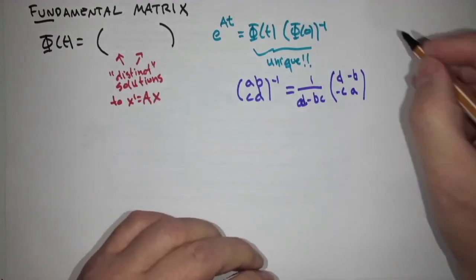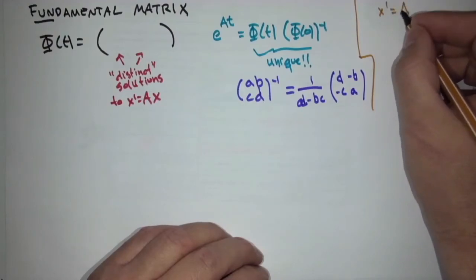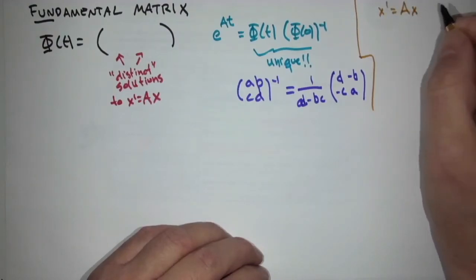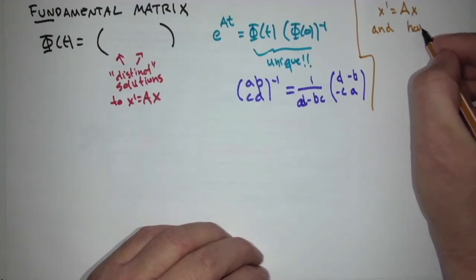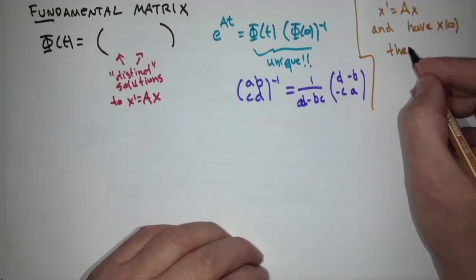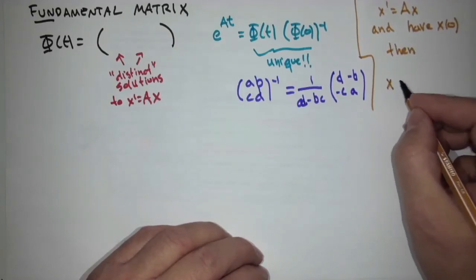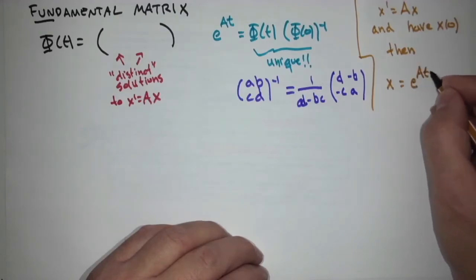Now, why do we like e to the at? Well, if x prime equals ax, and we have x of 0, in other words, we have our initial conditions, then what is x? Yeah, e to the at times x of 0.